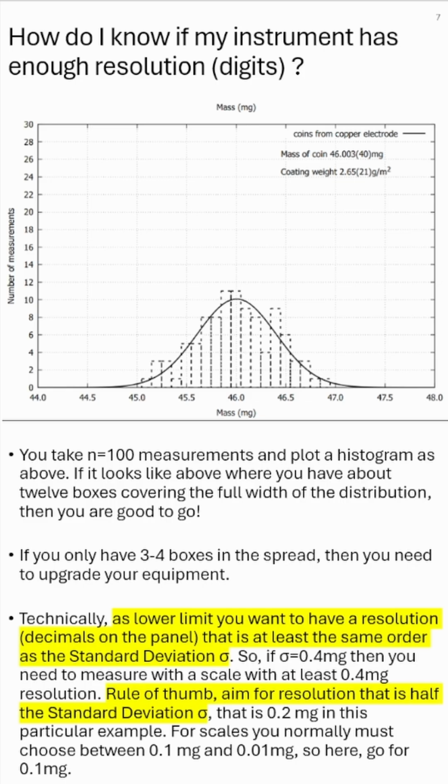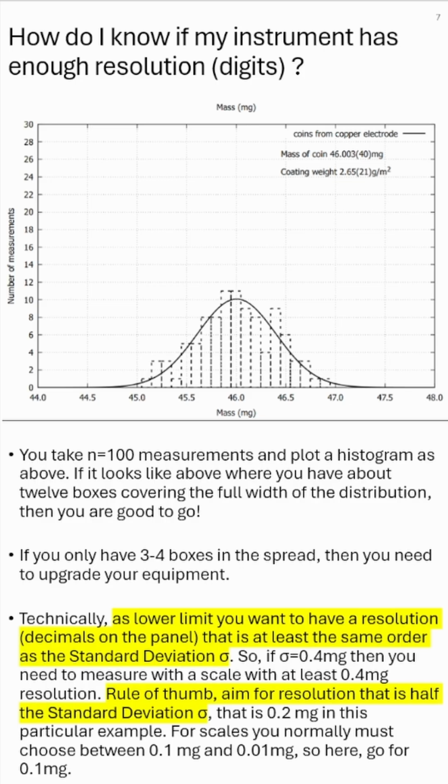It's twice as good as the rule of thumb of 0.2. So going to 0.01 milligram or 0.001 milligram resolution, as we demonstrated in the earlier table, is just wasting money. It will not improve measurement uncertainty.